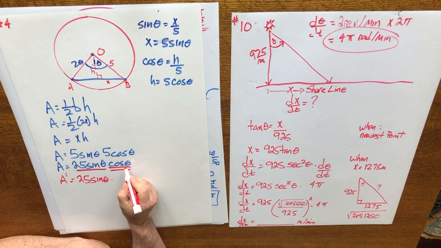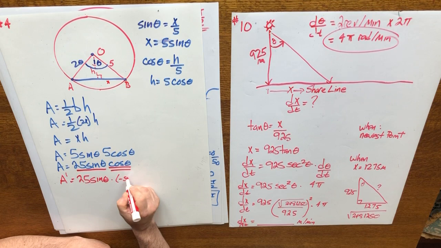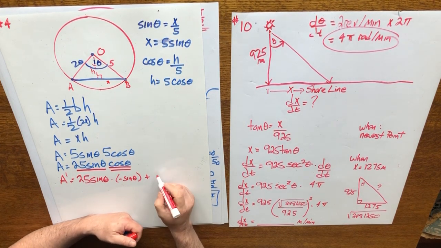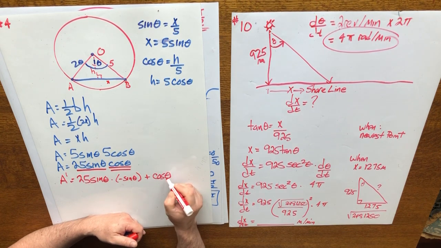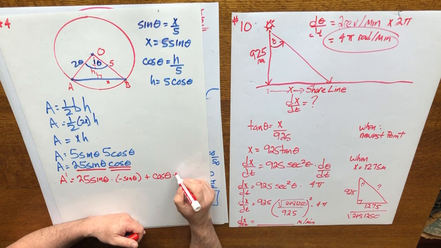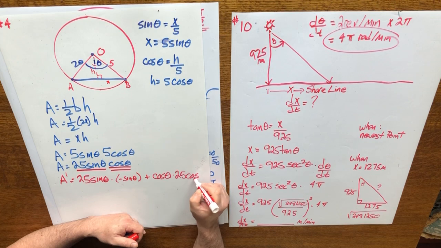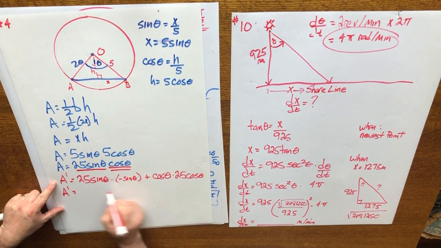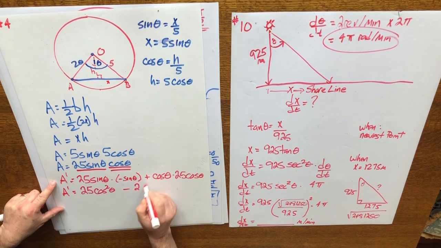The derivative of cos theta is negative sine theta, plus second, cos theta, times the derivative of the first, 25 cos theta. So we've got A prime to be equal to, and I'm going to simplify this way, 25 cos squared theta minus 25 sine squared theta.